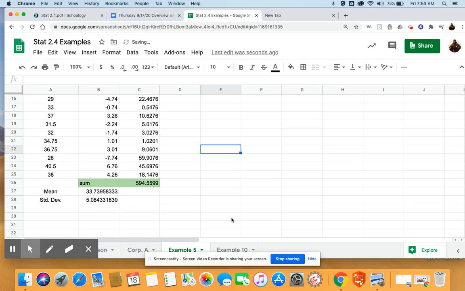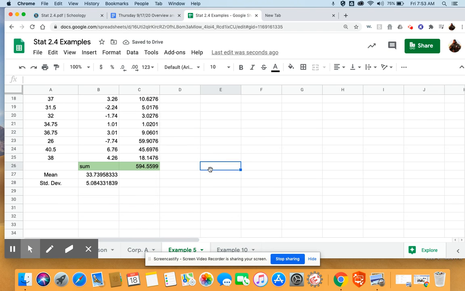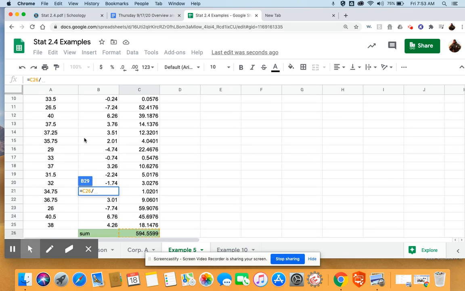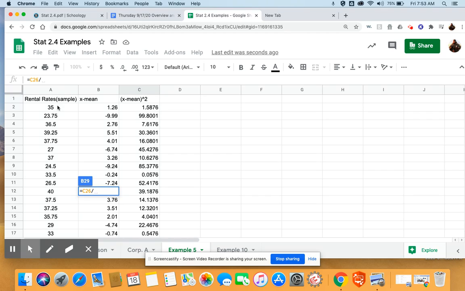Okay. Now actually we're going to go down here where we have all these other ones. Variance. And that is going to be equal to that number divided by how many data values we had, which in this case, because it's a sample, we're going to actually divide by one less than that. Let's go back and just see.